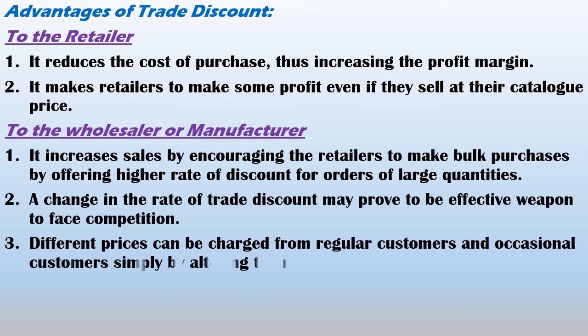Different prices can be charged from regular customers and occasional customers simply by altering the rate of trade discount. Here there is no need of changing the price or the list price; only the trade discounts can be changed.